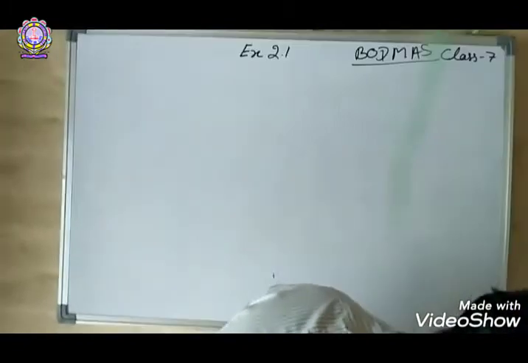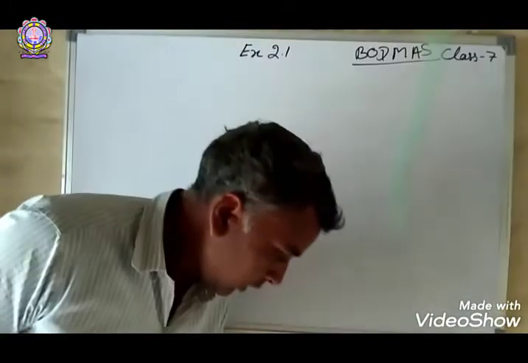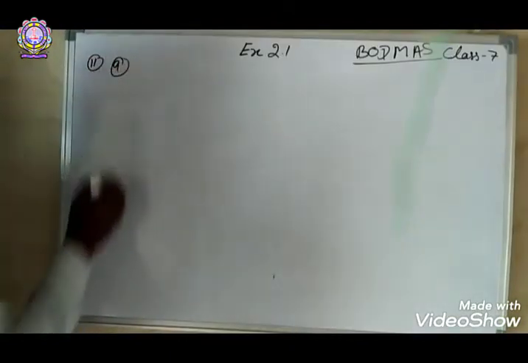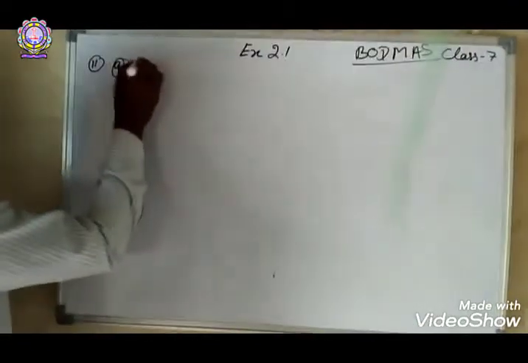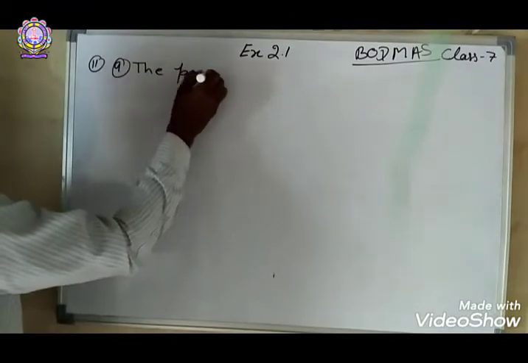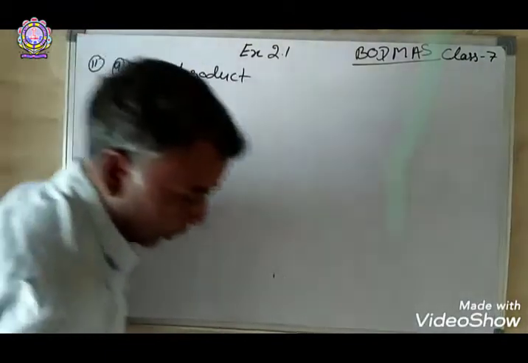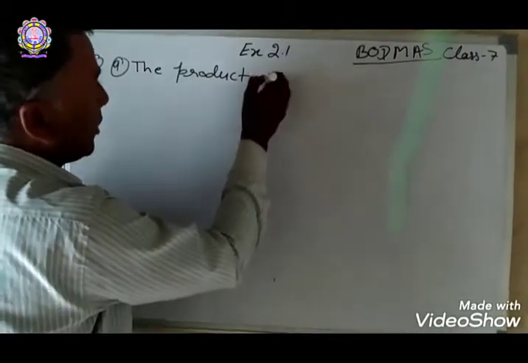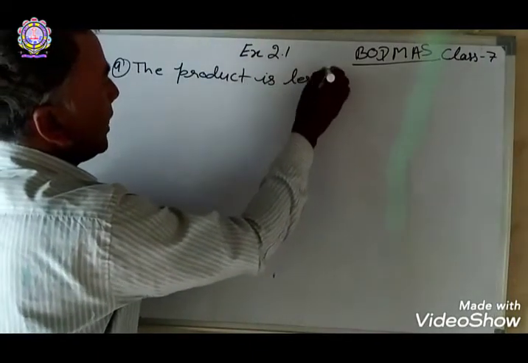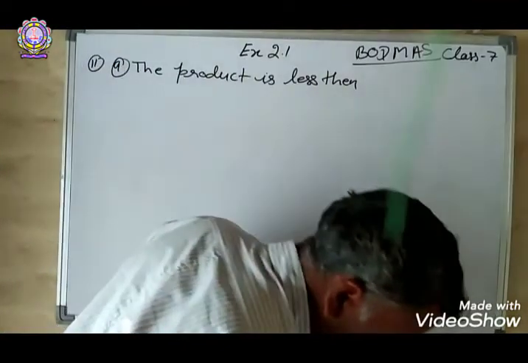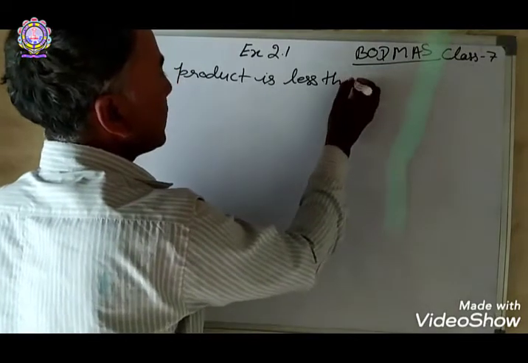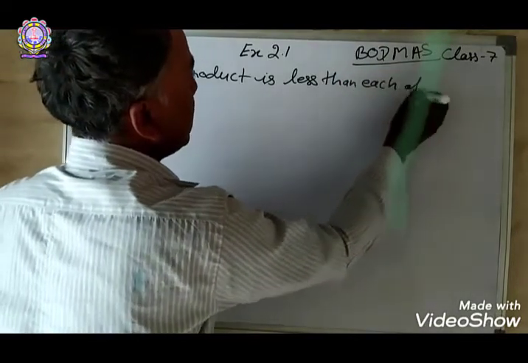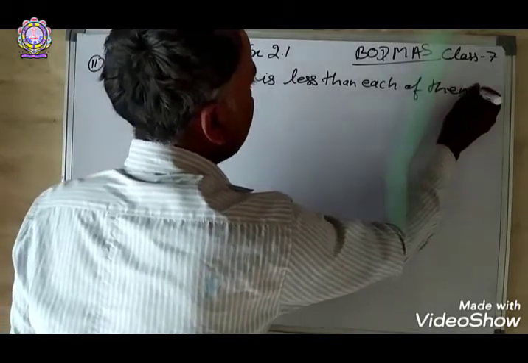Write any two fractions for which, question number 11, part A: the product is less than each of them.